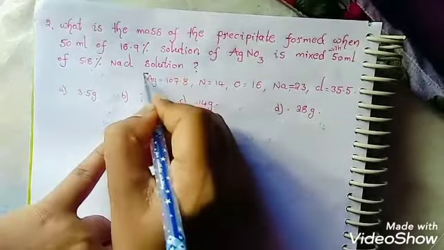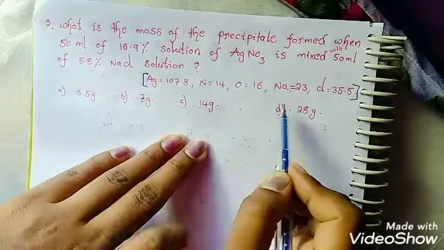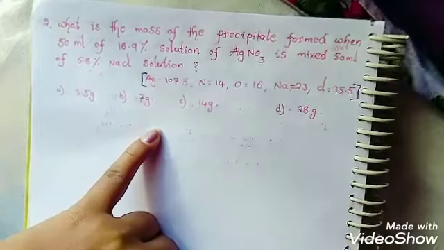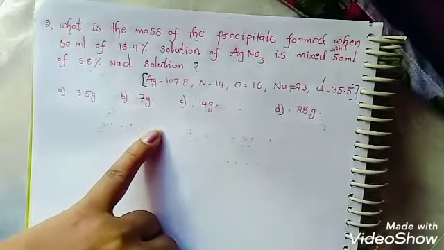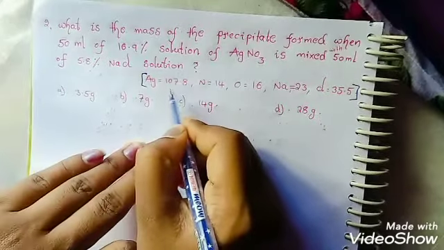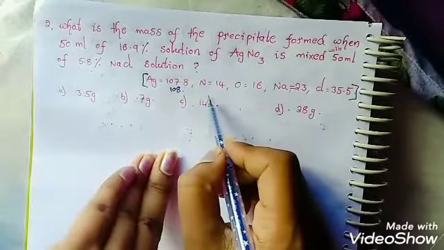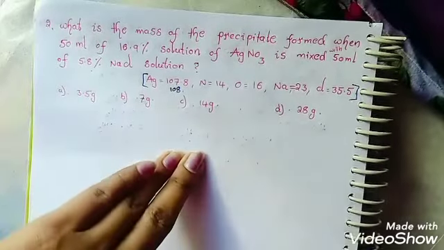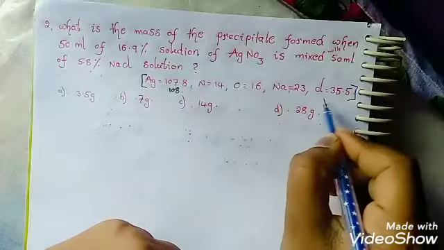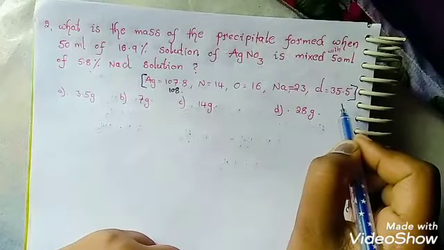In the question, you have the atomic masses of the elements given. Silver is 107.8, which you can take approximately as 108. Nitrogen is 14, oxygen 16, sodium 23, chlorine 35.5. Then let's get into the answer.